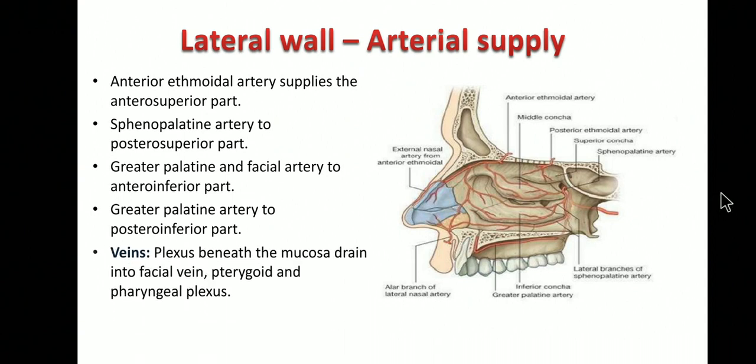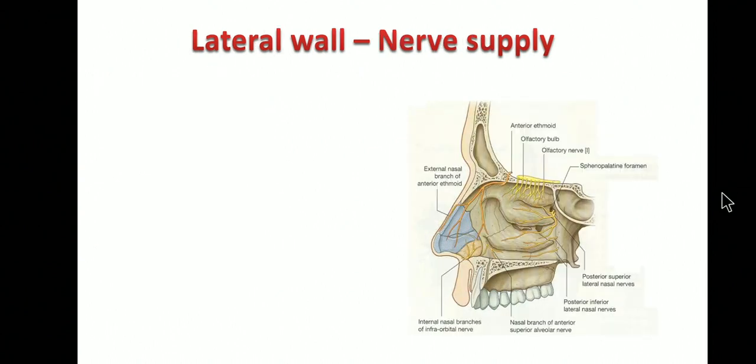Next, veins: the plexus, which is situated beneath the mucosa, drains via the facial, pterygoid and pharyngeal plexus. This we have already discussed in the septum. Next, coming to the nerve supply of the lateral wall: the anterosuperior quadrant is by the anterior ethmoidal nerve, which is a branch from the nasociliary nerve.